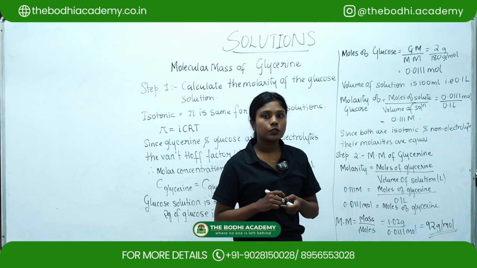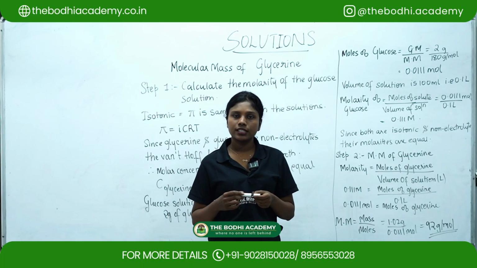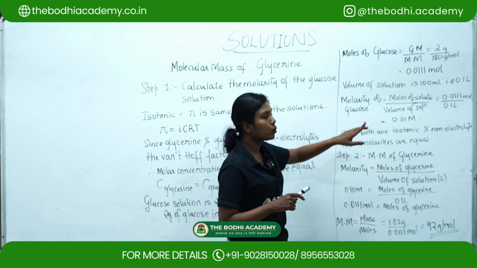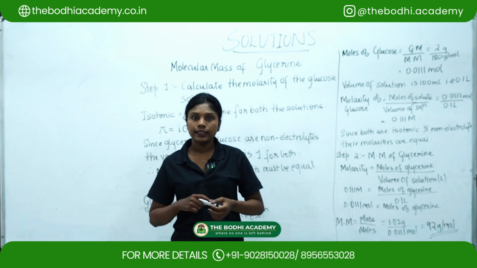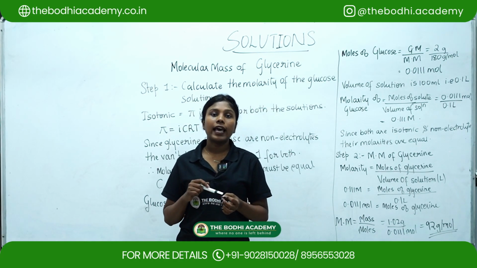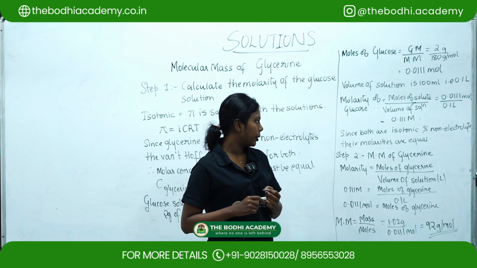Since both are isotonic and non-electrolyte solutions, the molarity of glucose that I found is going to be equal to the molarity of glycerin. So the molarity of both glucose and glycerin over here will be 0.111.